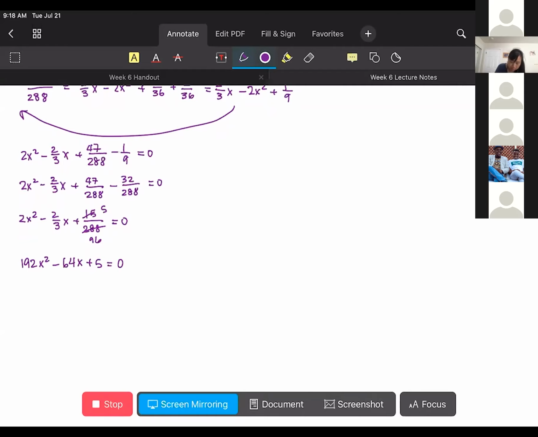Then we divide by 192 to get x squared minus 64 over 192 x equals minus 5 over 192. After that, we divide the 64 over 192 by 2 and square it, and we add the square to both sides of the equation. And then we compute the square.